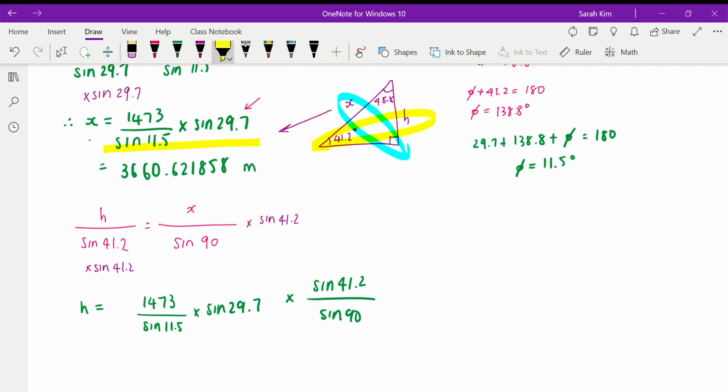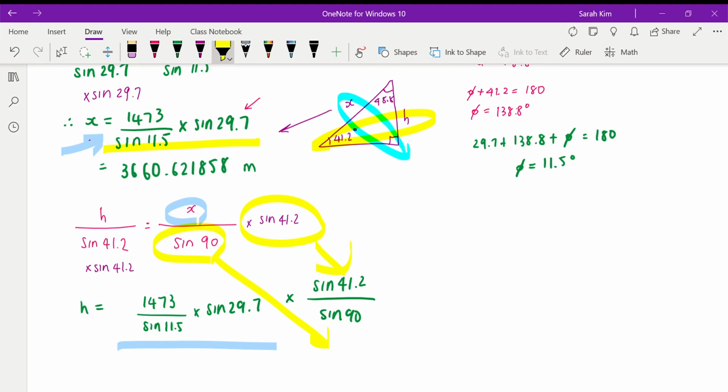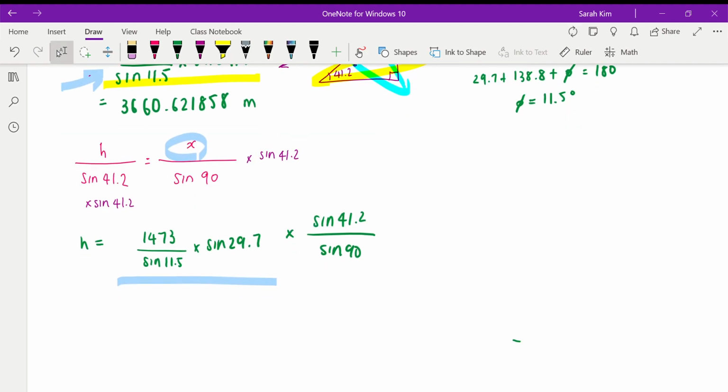So let me just tell you what I've done in case you didn't follow. So x is this answer, so I've just written it over here, and then I have written sine 41.2 at the top, and then the sine 90 at the bottom. I've just basically rearranged that formula into a nice looking one. Hopefully that wasn't too confusing, it's just rearranging a bit of formula. It would give you probably quite a similar answer if you just decide to use this answer instead as well. But I like exact answers, hence why I'm doing this.